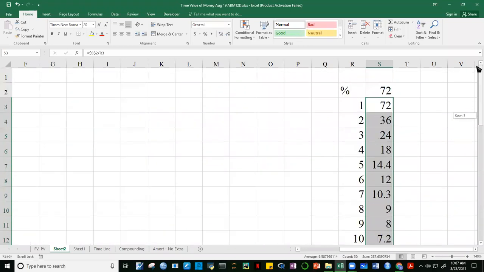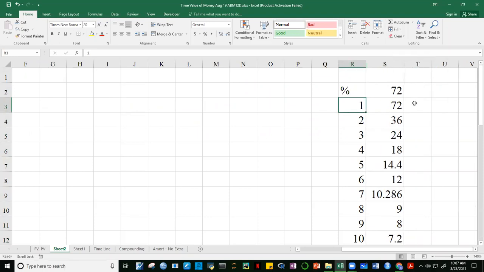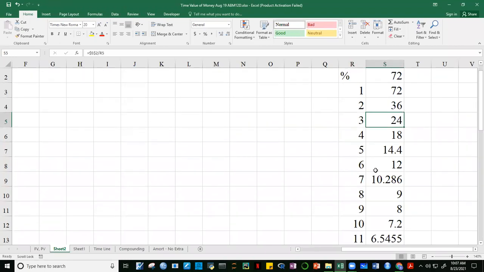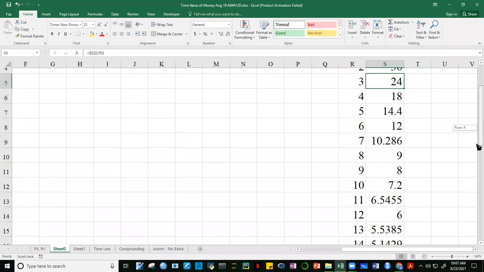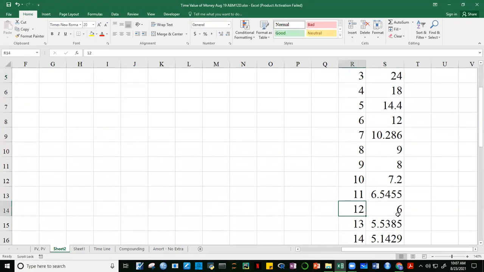Okay, tingnan nyo guys. At 1%, how long will it take? 72 periods, 72 years. At 2%, 36 years. At 3%, 24 years. As we go down the line, guys, ito na yung 12% natin ito. Kanina, 6.